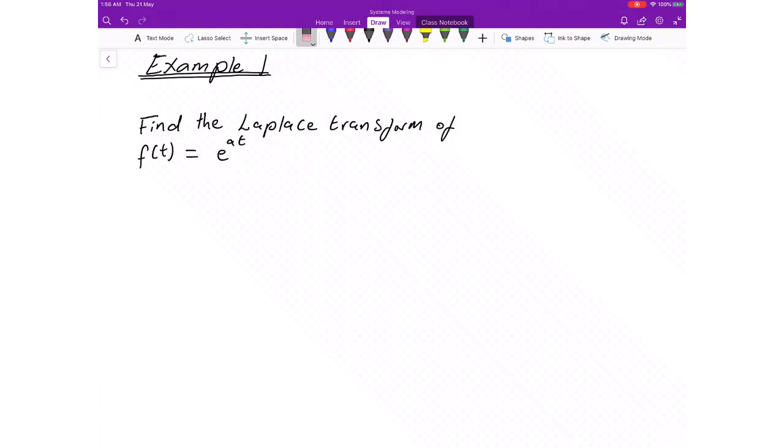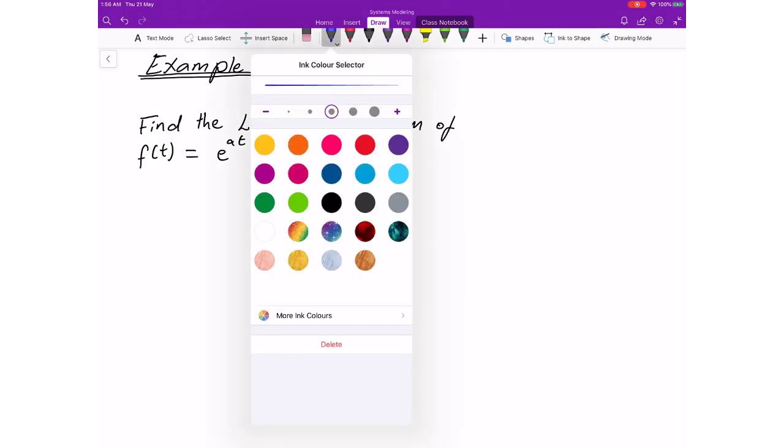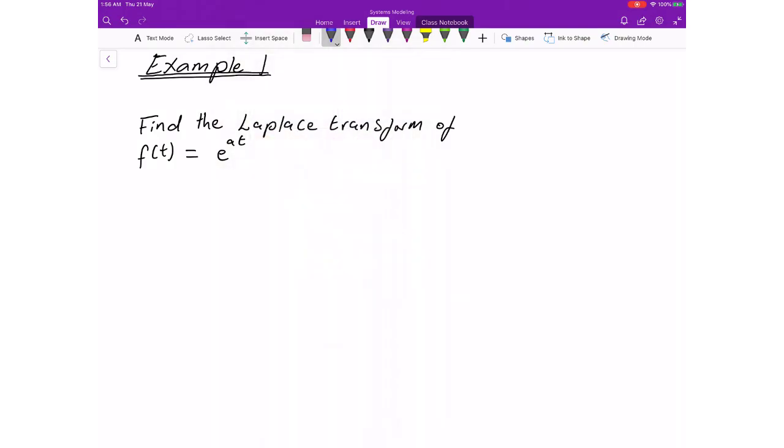Now we are going to look at our first example, and let's say, for example, we have this function. It says, find the Laplace transform of the following function. The first thing we need to do is write down our Laplace transform equation.